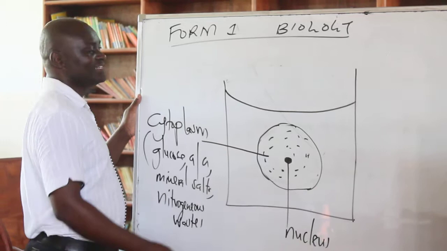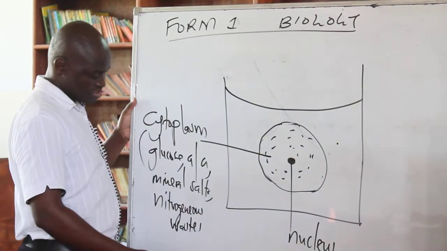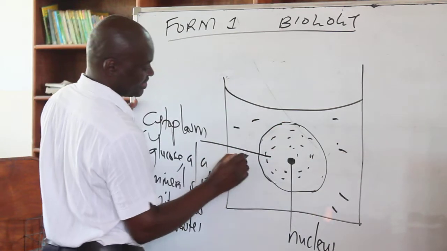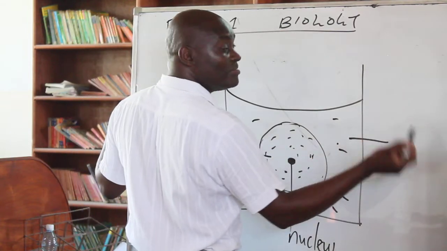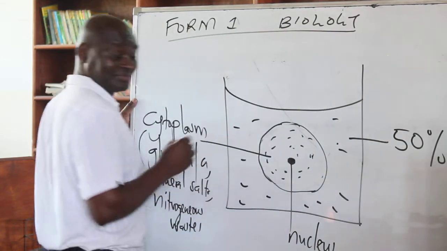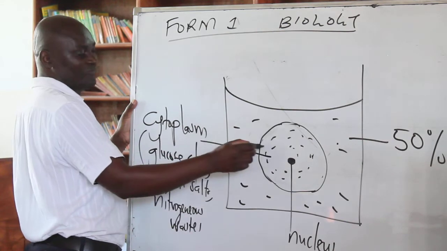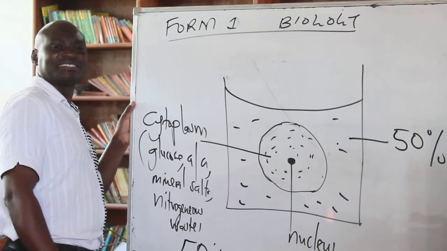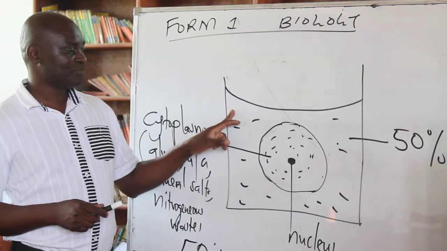Now let us say the concentration of the solution outside is maybe 50%. And the concentration of the cytoplasm is also 50%. So this solution here is 50%.